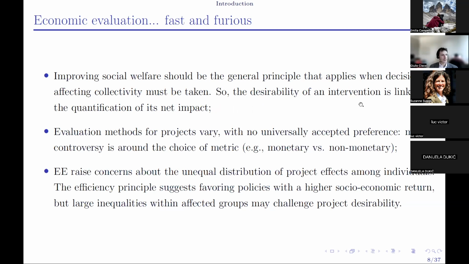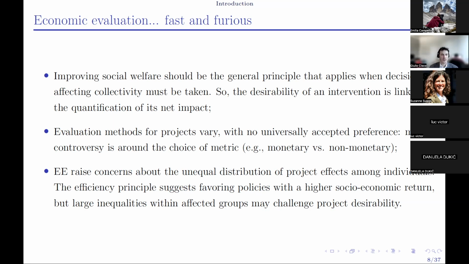In a nutshell, what economic evaluation does is, as I said, try to find the best way to allocate the resources. That means that we want to pick and choose the best project. And what are the best projects?